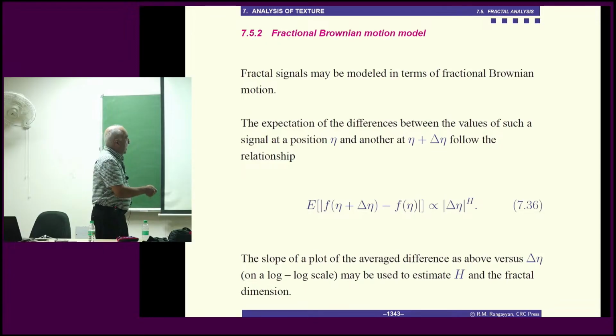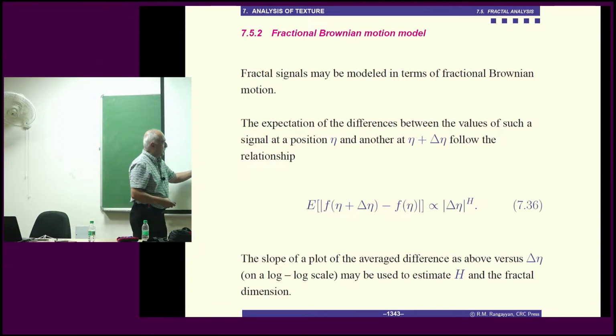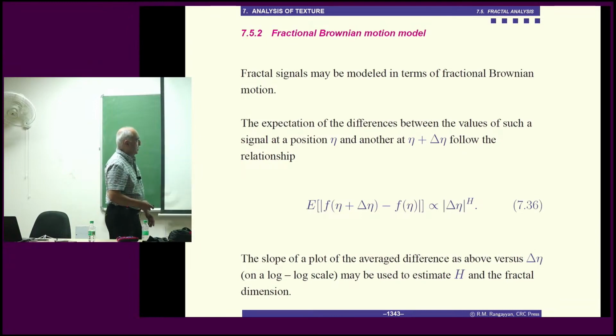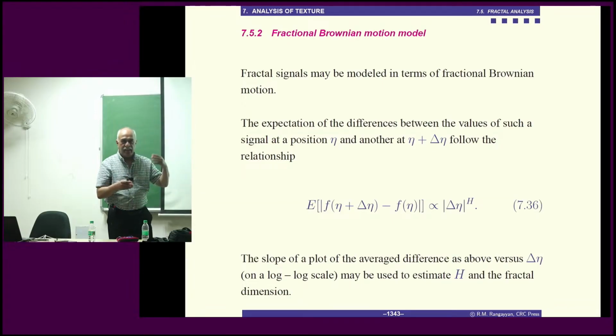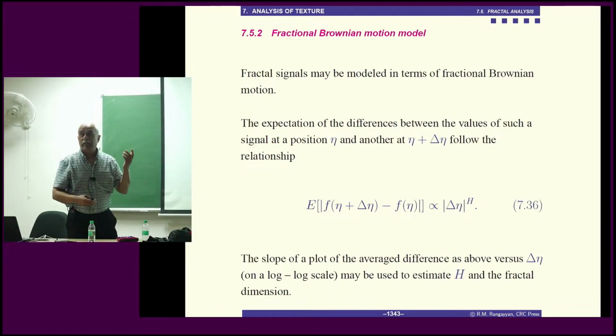And the expectation of the absolute value of that is proportional to delta eta, that displacement, to the power of h, the Hurst coefficient. So again, you take the plot of the average difference as above versus delta eta on a log-log scale and fit a straight line and use that slope to estimate the fractal dimension or the Hurst coefficient, and the two are interrelated.